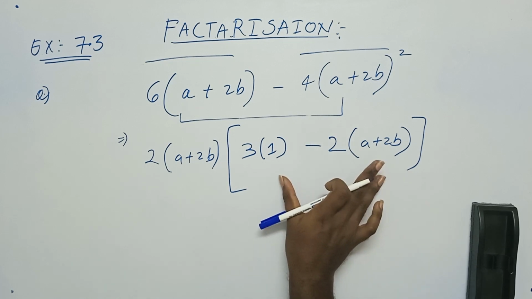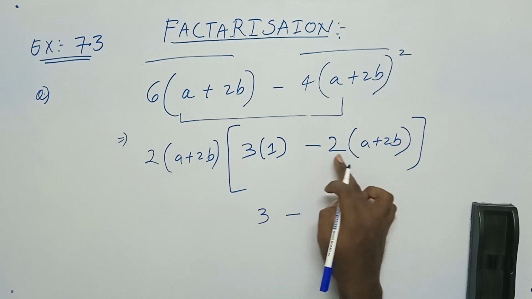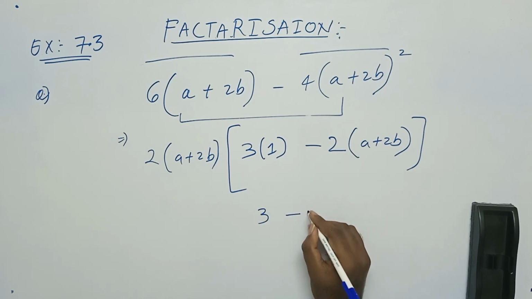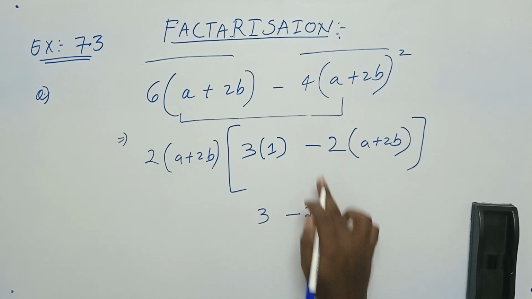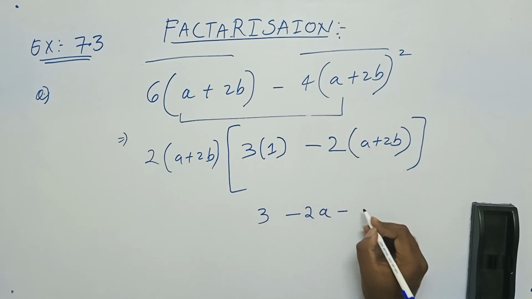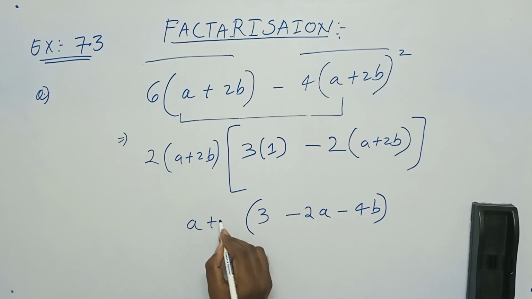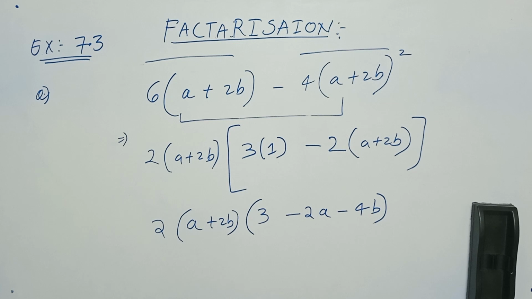Now we are going to simplify this expression. 3 times 1 is 3, minus 2 into a is minus 2a, minus 2 into 2b is minus 4b. That means we got (3 minus 2a minus 4b) multiplied with (a plus 2b), and (a plus 2b) is multiplied with 2. That means we got the product of three factors of this given expression.